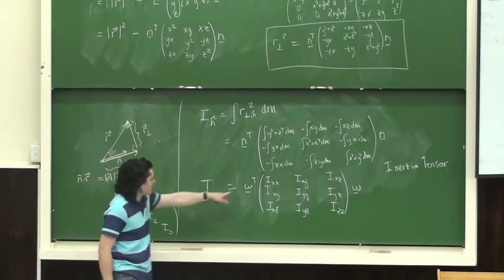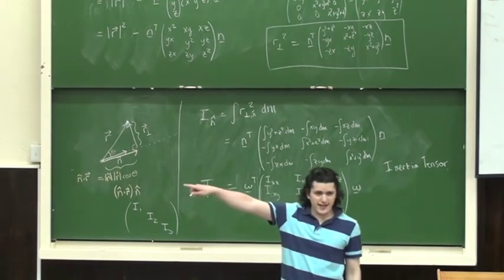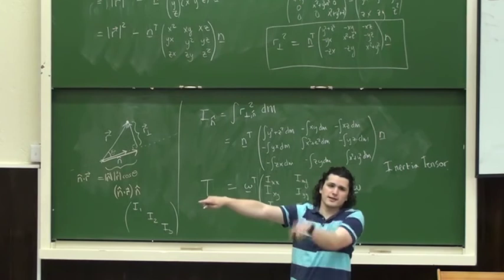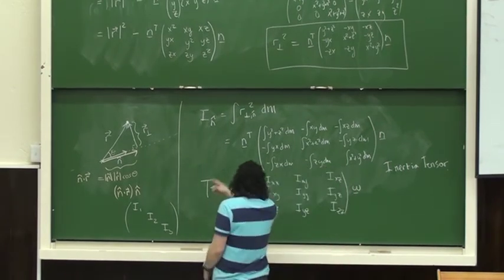Remember, the angular velocity vector is just a vector that points along the axis of rotation, and its magnitude gives you your angular velocity around that axis. So it's easy to show that this is the case.